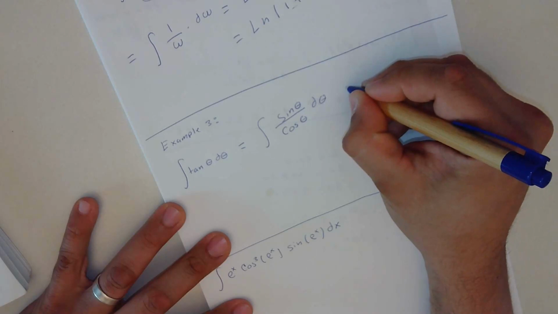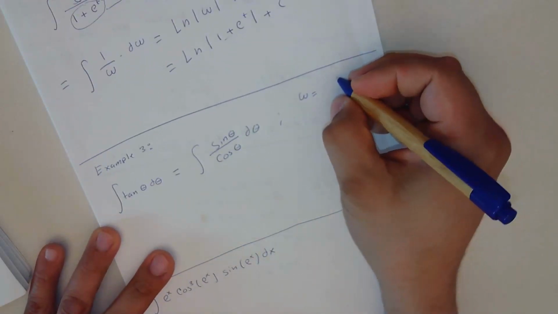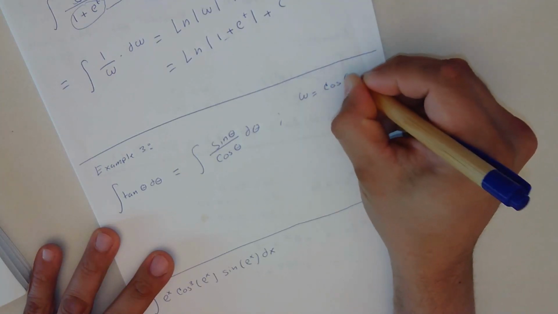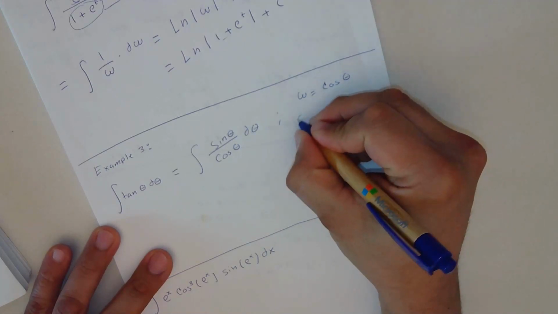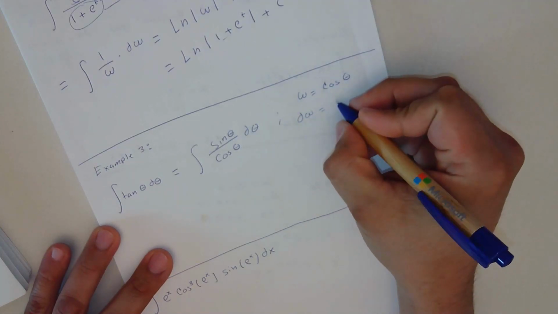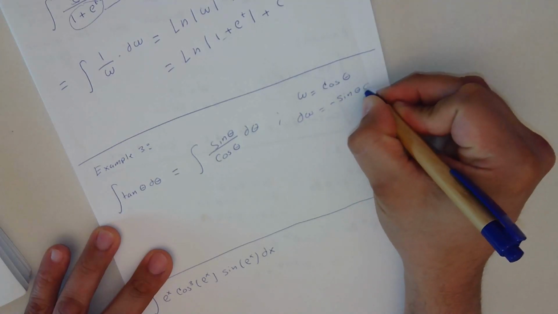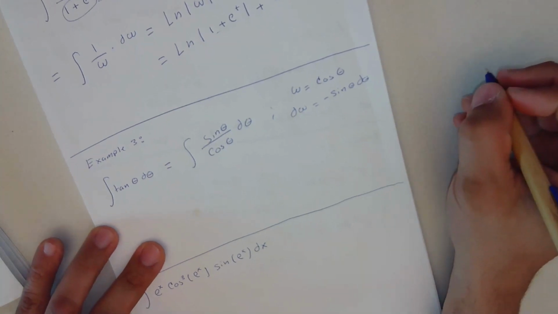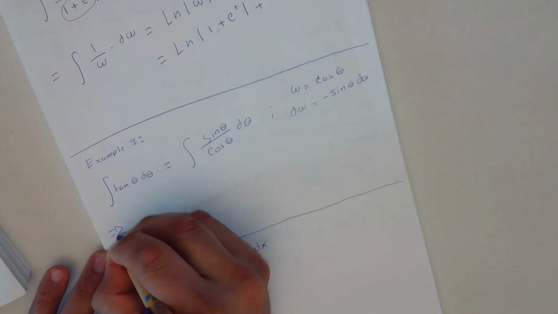And if I do my substitution, I will say w will be cosine of theta. The derivative of w will be minus sine of theta. Then I can do the substitution.